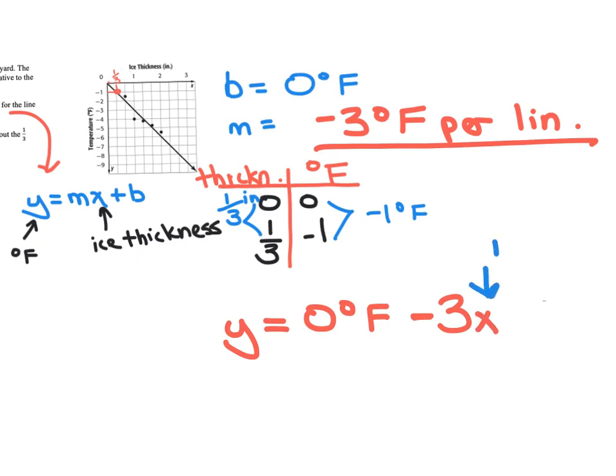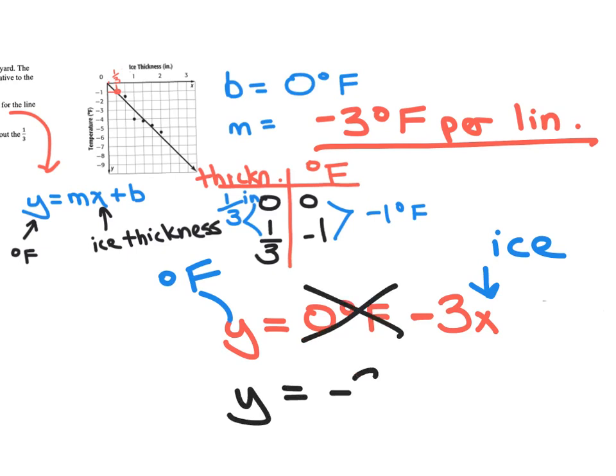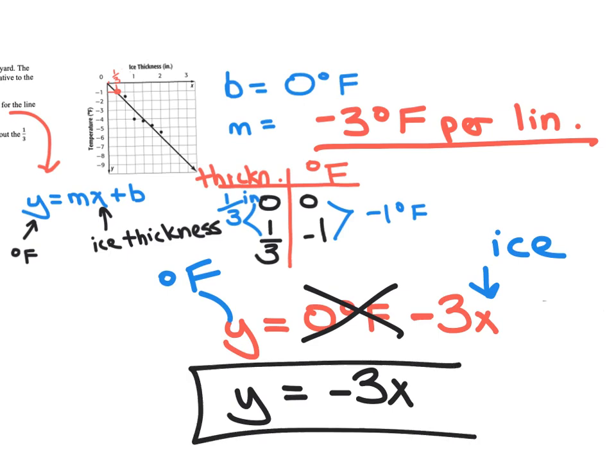Remember that x is your ice, y is your degrees Fahrenheit. Now, I don't have to write 0 when I have an equation. So my final equation is just y equals -3x. I begin at 0 degrees Fahrenheit, and then my temperature drops 3 degrees for every 1 inch of ice.